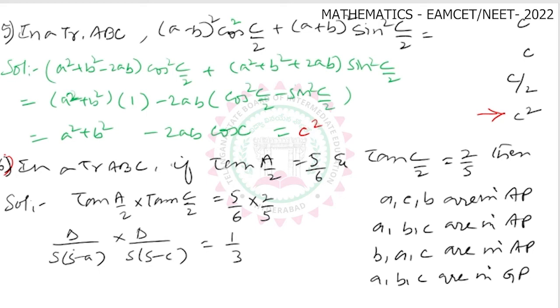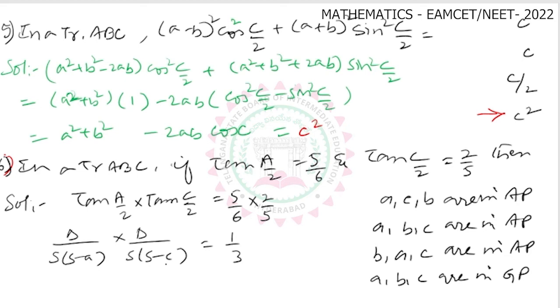Now, if you see the denominator, it consists of S into S minus A, S minus C, but there is no S minus B. If I get an S minus B in the denominator, then my work is easy, because I can cancel the denominator with the delta square. Therefore, it will be simplified very early.